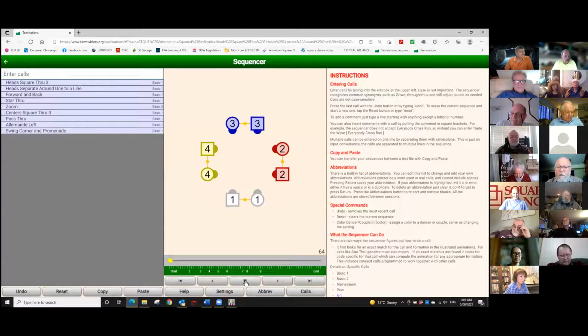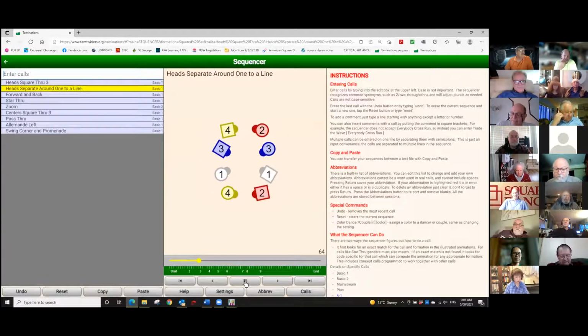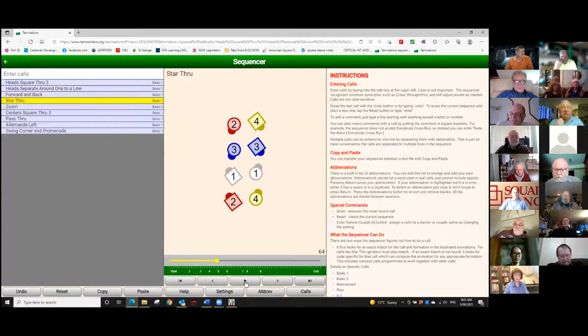That's just the synopsis, so let's look at this. Head square through three, separate around one to align lines forward and back, star through. Okay, there's the star through, and the next call is zoom.